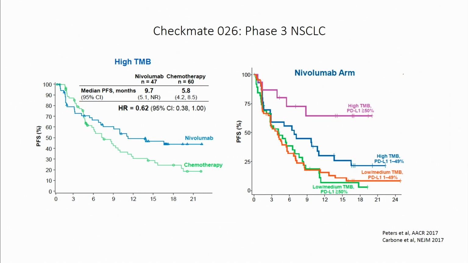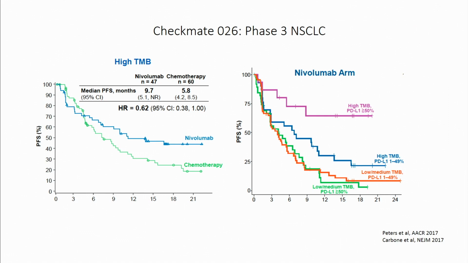In the high TMB group patients, which was defined in the upper tertile, over about 240 mutations, those patients performed better than chemotherapy with a PFS of 10 versus 6 months. To David's point, there is no overall survival benefit from this trial, so I think that this retrospective analysis needs to be looked at more prospectively.